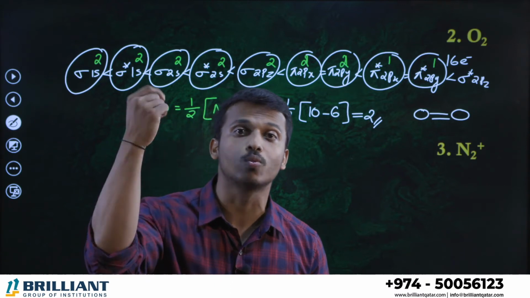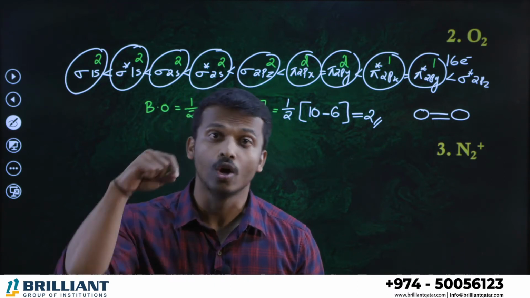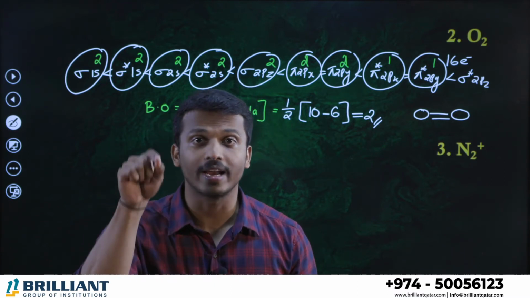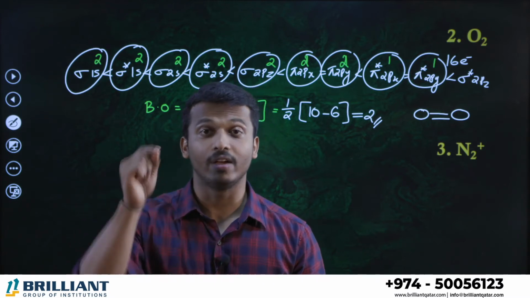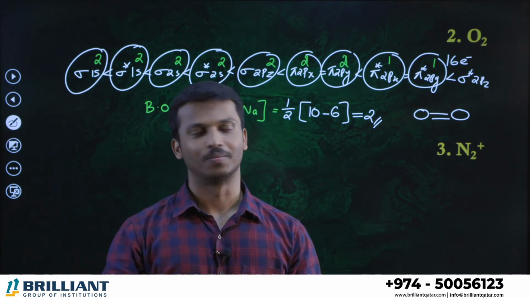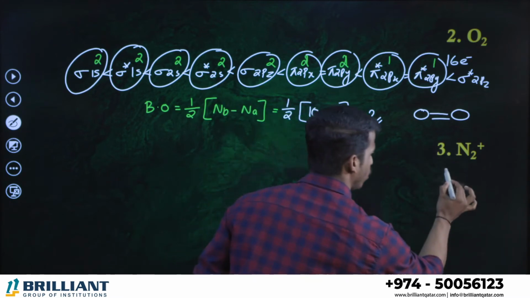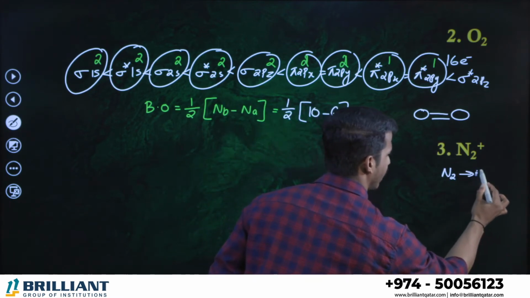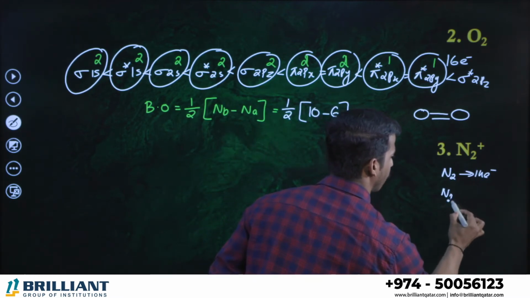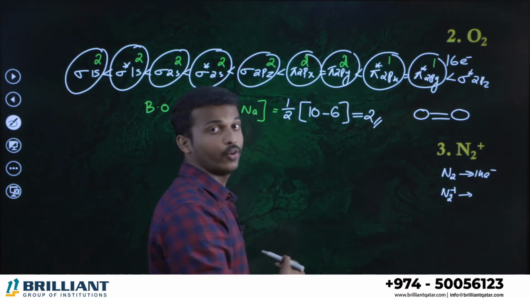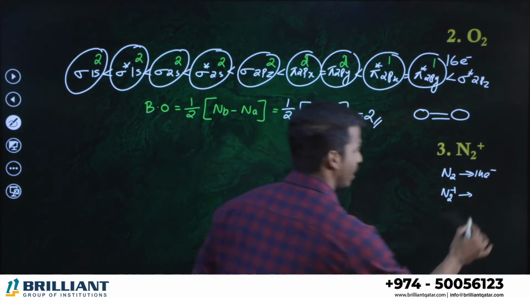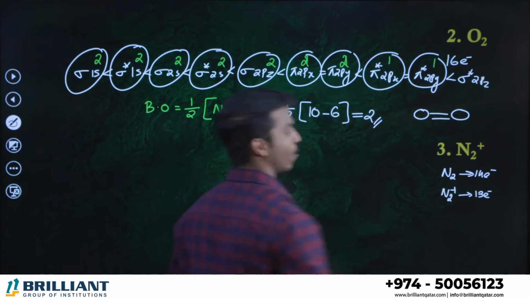Plus means it loses 1 electron. If it is plus 2, it loses 2 electrons. If it is minus 1, it gains 1 electron. If it is minus 2, it gains 2 electrons. So the N2 molecule contains 14 electrons, but how many electrons does N2 plus contain? It will lose 1 electron, so it contains the remaining 13 electrons.